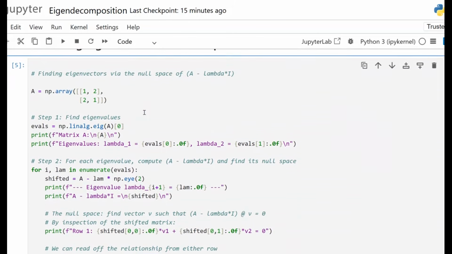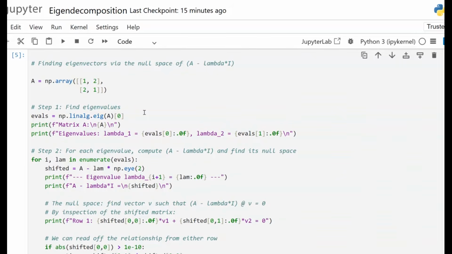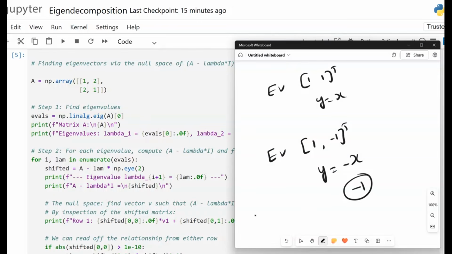First it computes the eigenvalues, and for each eigenvalue, from A minus lambda I, it solves the null space, and then normalizes the resulting vector, and verifies that A multiplied by V is equal to lambda multiplied by V. And here, compared with the numerical routines, it explicitly shows that the eigenvectors arise as non-trivial solutions to a homogeneous linear system, making the connection between eigendecomposition and null space fully concrete.